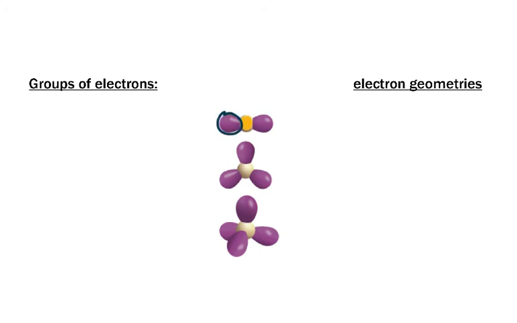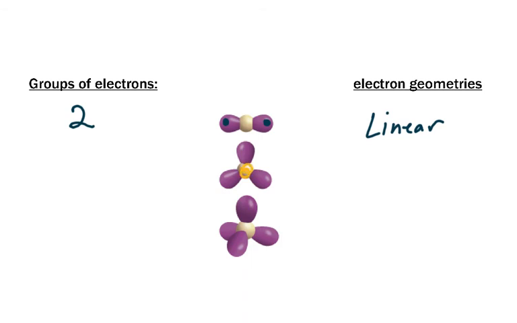Well, there's one here and one here, right? So there's two. And this shape is quite simply linear. Right? The three atoms are separated out from each other 180 degrees in a straight line.